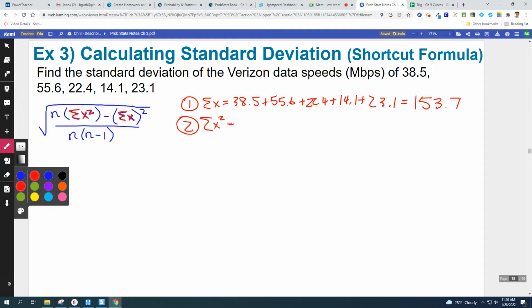And so in that case, I'm doing 38.5 squared plus 55.6 squared plus 22.4 squared plus 14.1 squared plus 23.1 squared. So you add all that up, and that's 5,807.79.